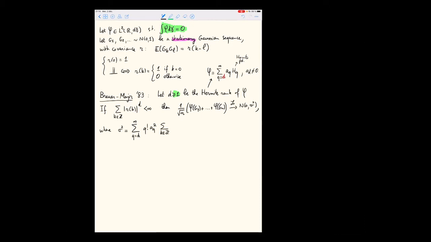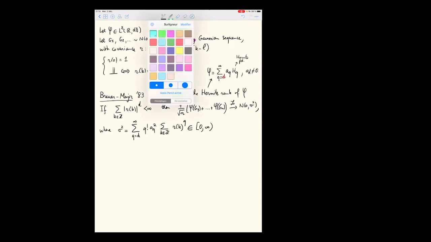We have the sum over q of q factorial a_q squared, and then the sum over k of r(k) to the power q. And so this is part of the conclusion that this is positive, which is not very difficult to prove, and also finite. Okay, and this is exactly the Breuer-Major theorem.